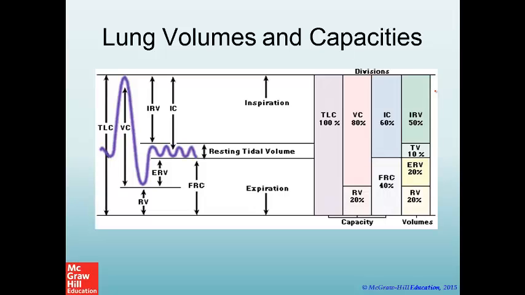So if we do a spirographic representation here, we have a total lung capacity of 100%, which is approximately 6 liters, let's say. Vital capacity, that is how much you can inhale and exhale totally and still keep the lungs inflated with this reserve volume. And that should be about 80% of total lung capacity.